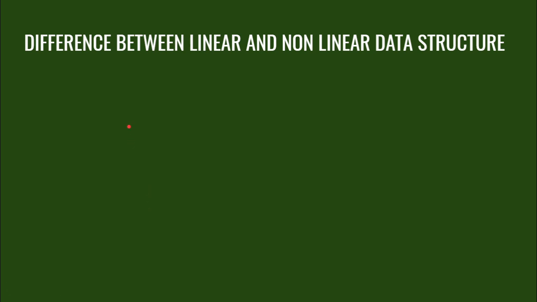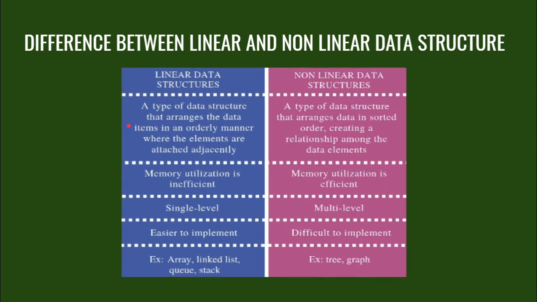Now let us see the difference between the linear and the non-linear data structure. This is just what we have seen earlier in the previous slides. Linear is a type of data structure that arranges the data in an orderly manner where the elements are attached adjacently. Adjacently means one after the other in the memory area. That is the concept of linear data structure.